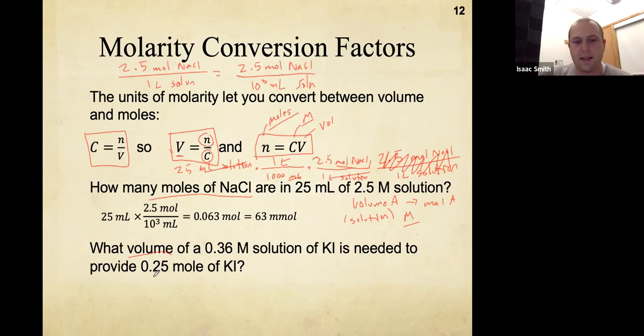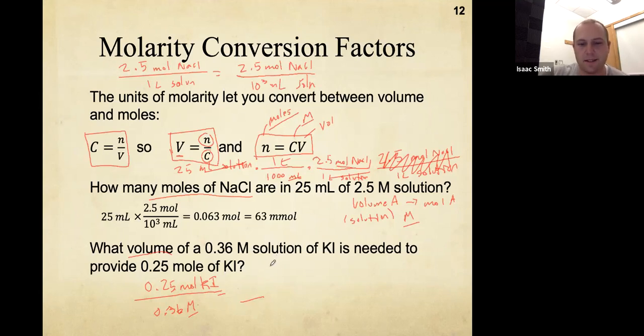You would take 0.25 moles of potassium iodide and divide by the concentration, which in this case is 0.36 molar, and that would equal your volume.